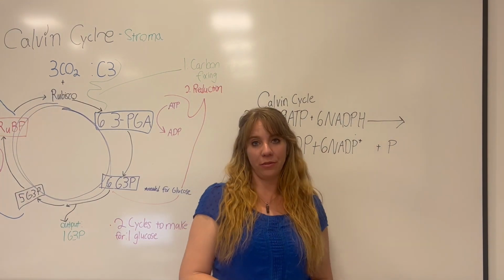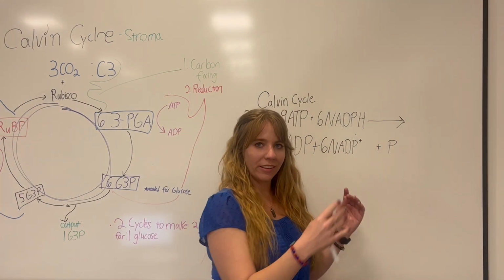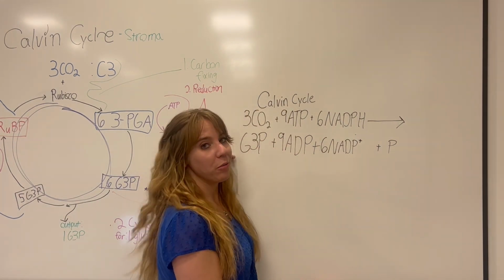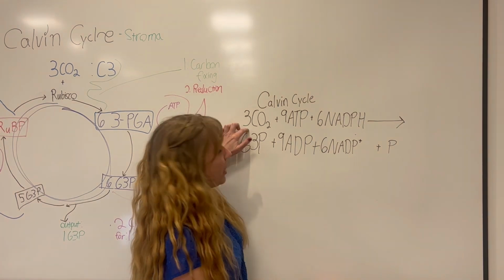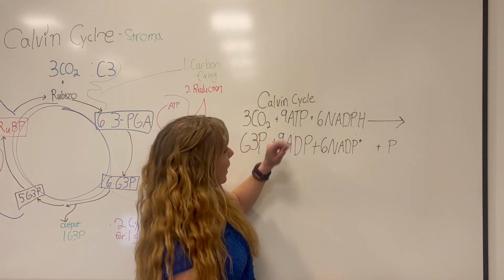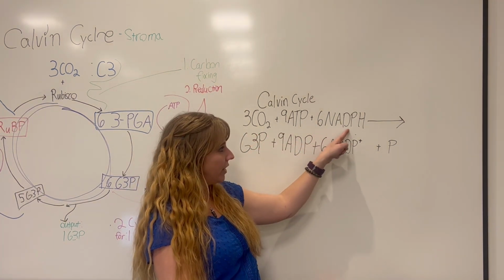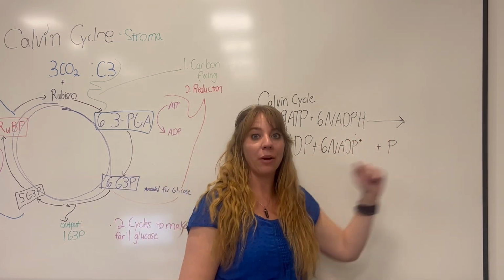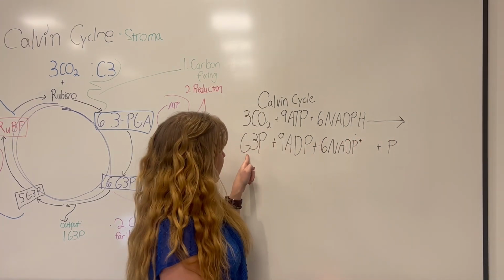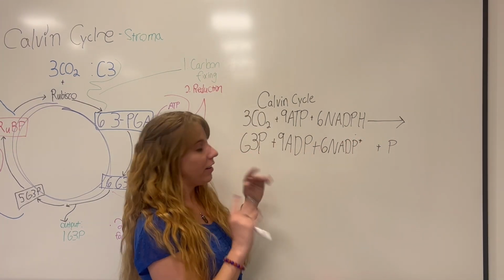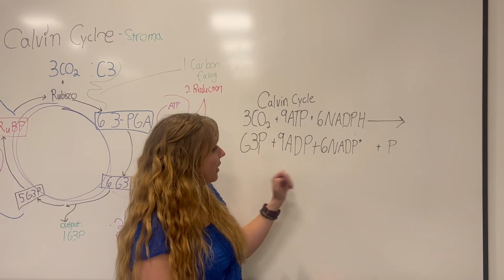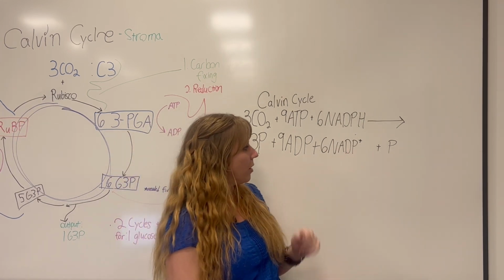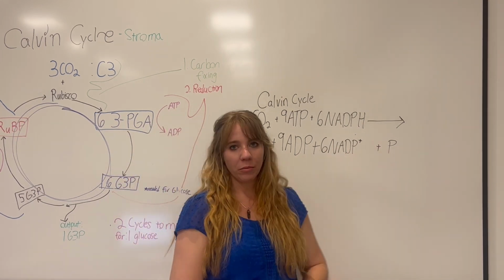So here is the reaction for the Calvin cycle. We can see the inputs on the top and the outputs on the bottom. So we have 3 carbon dioxide plus 9 ATP plus 6 NADPH turns into, now we're at the output section, G3P, 9 ADP plus 6 NADP positive, plus P, some inorganic phosphate.